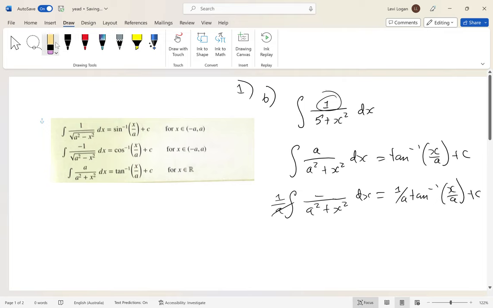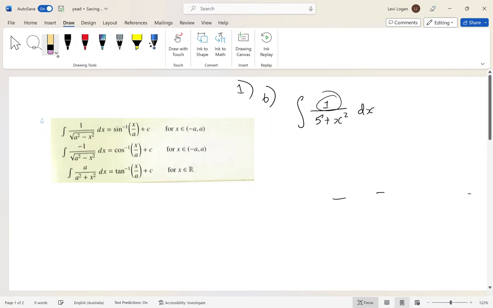So just rearranging this, all they've done is taken this form here and divided by a, so you have to do it on the other side, pretty much. And then it will give you this form here.